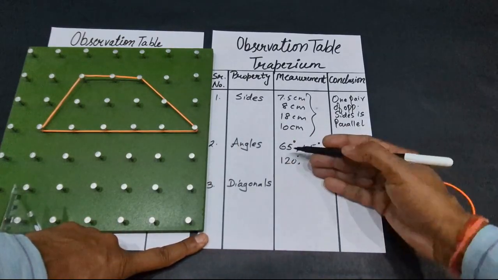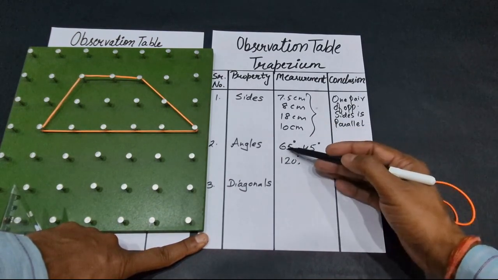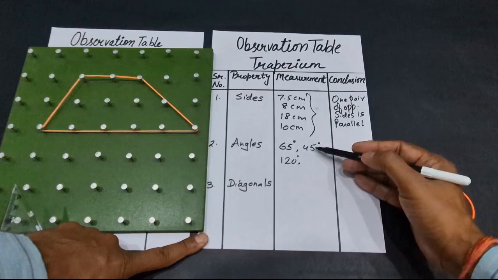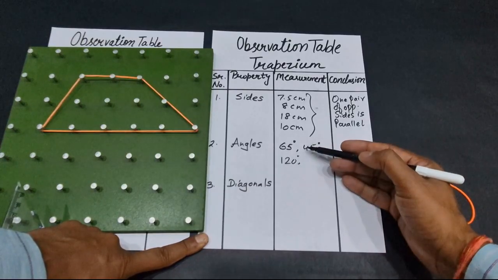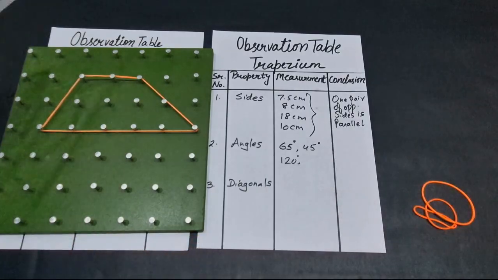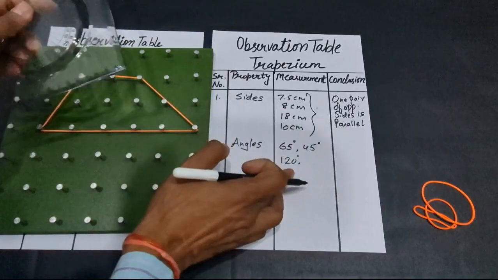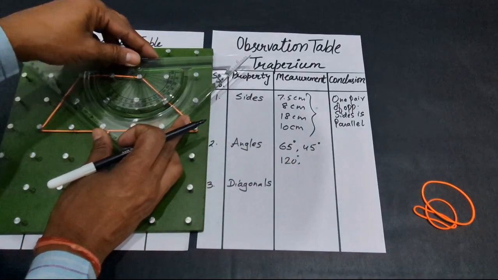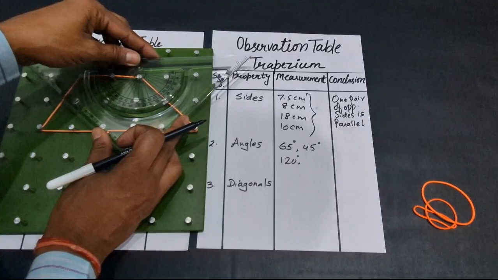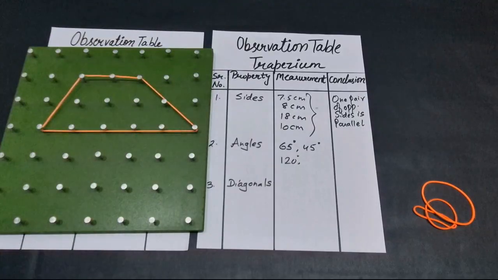If you have measured all the angles correctly, 65 plus 45 is 110, then this is 120. So 110 and 120 is 230. So the fourth angle should be 360 minus the sum of the other angles. So you can measure it, and this will come out to be approximately 130 degrees.